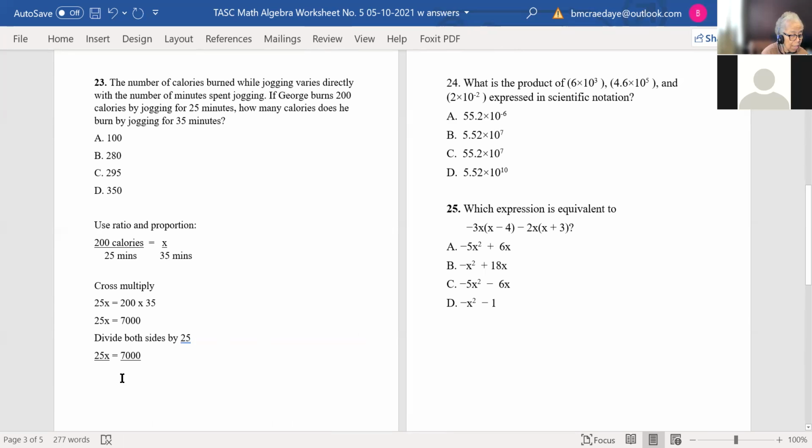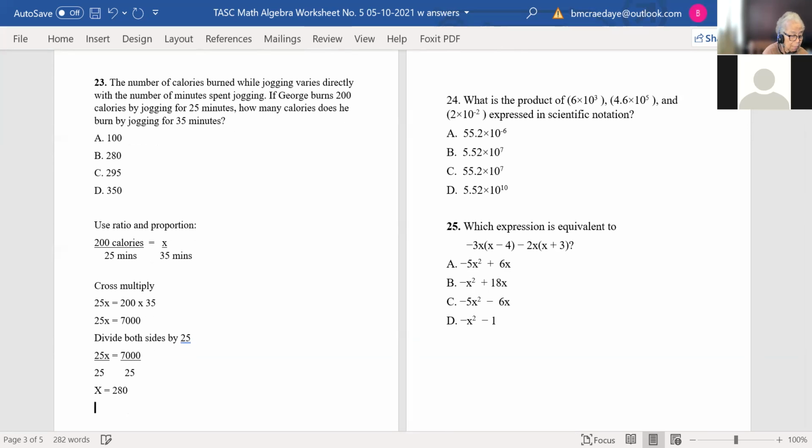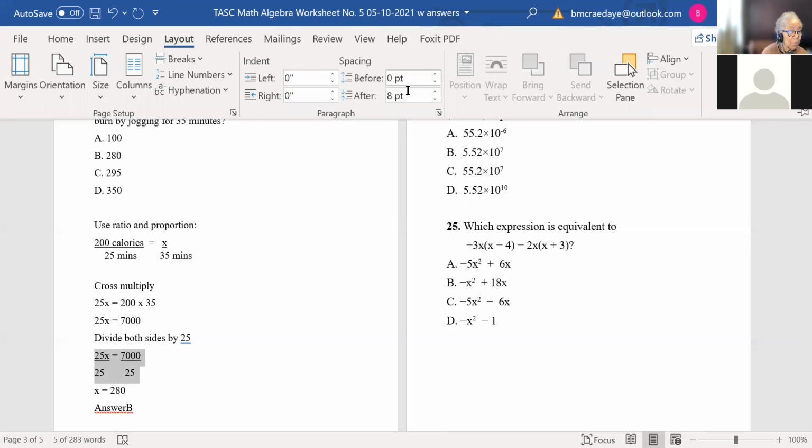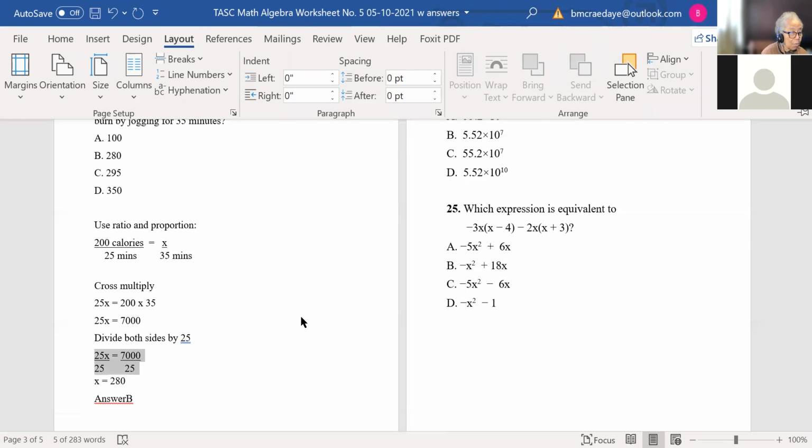And you get just X on the left and 280 on the right. So X equals 280, and that's answer B. Okay, Maureen. So you got that one.